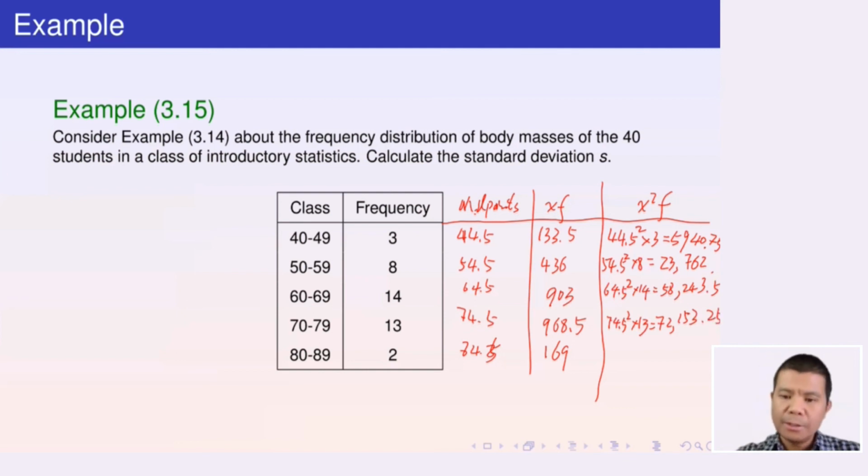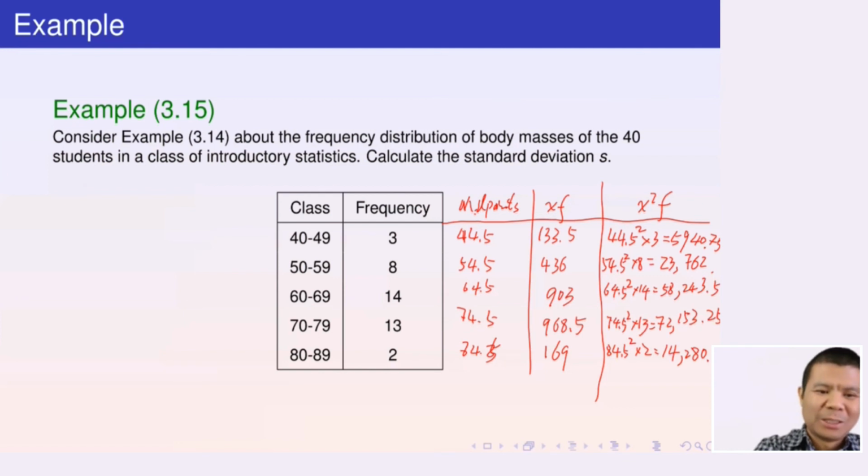And then lastly is 84.5 squared times 2, which is 14,280.5. Wow, we got all these large numbers, right?